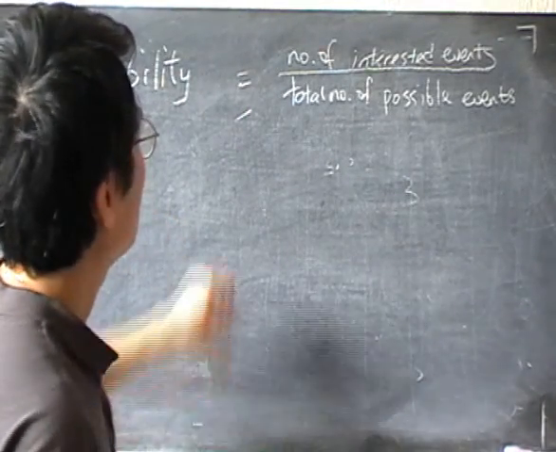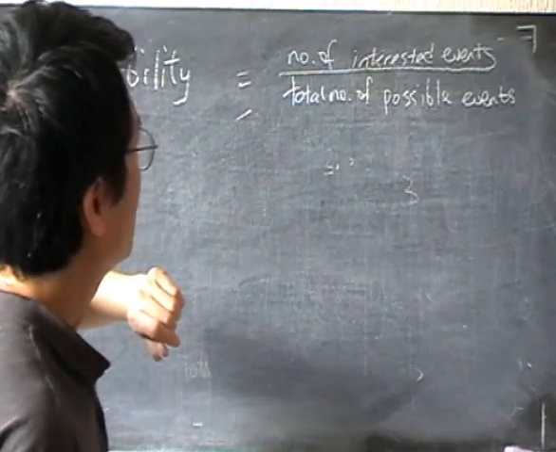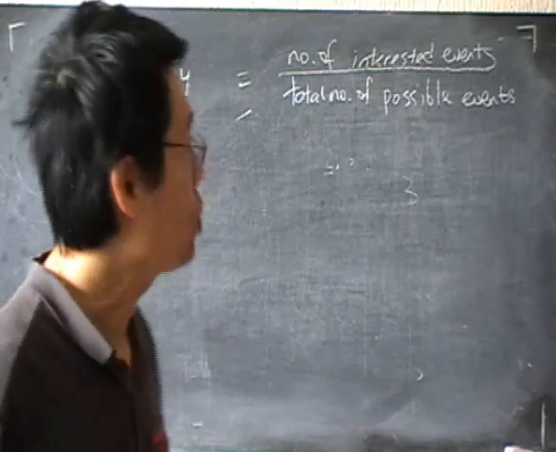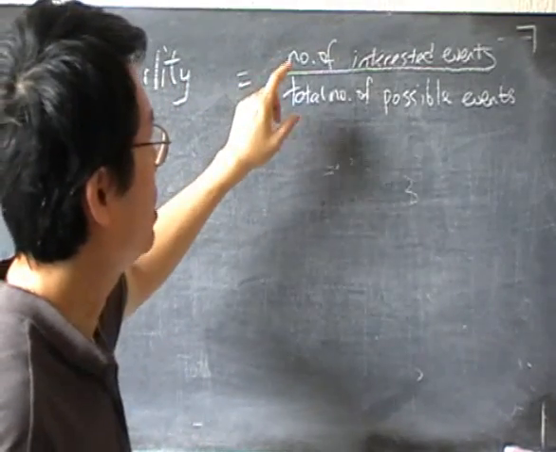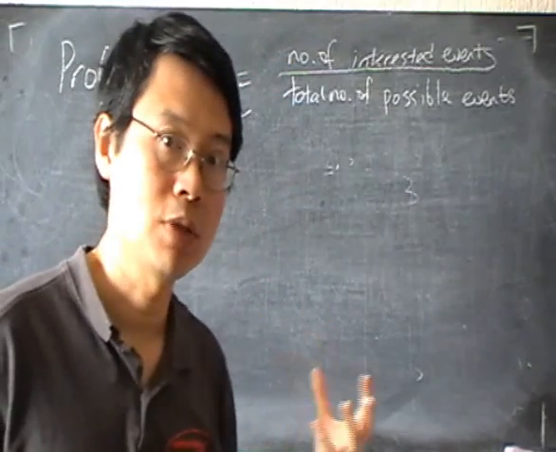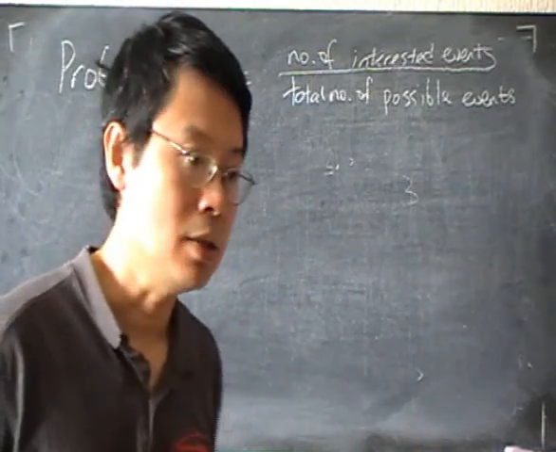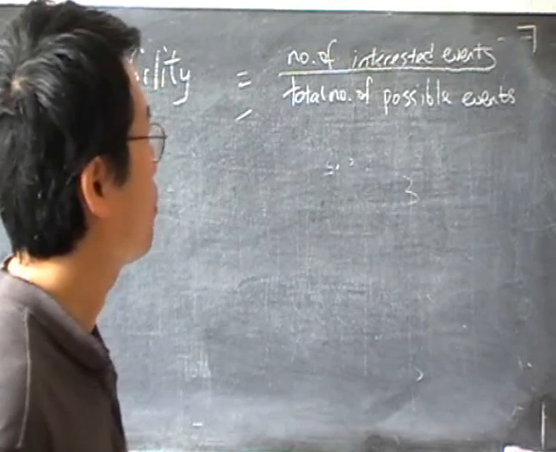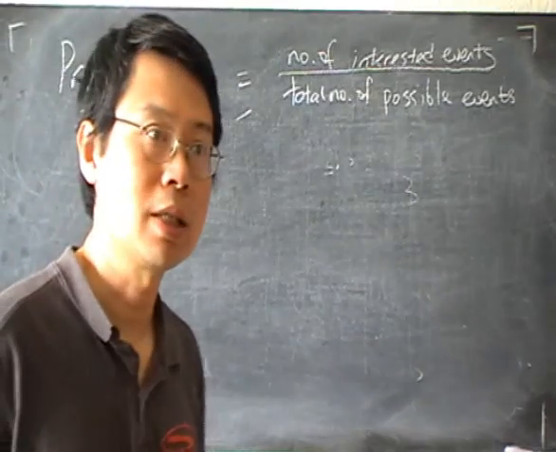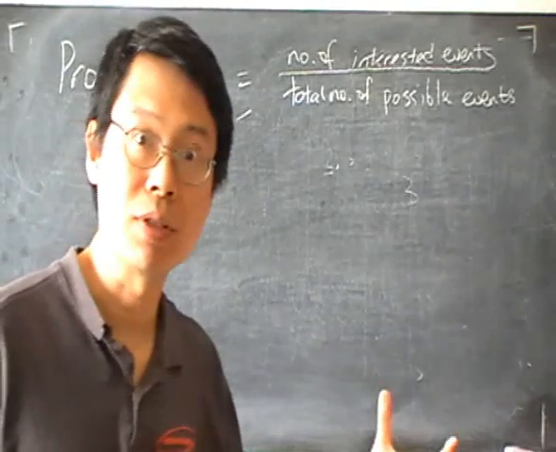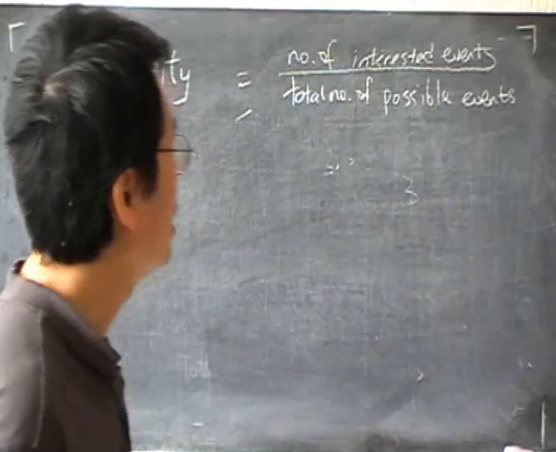Okay, so if I start imagining an event that is not possible, then the number of interested events would just be 0. Like if I think about when I toss a die, what is the probability of getting -1, a negative number, or of getting 7, a number that's more than 6?